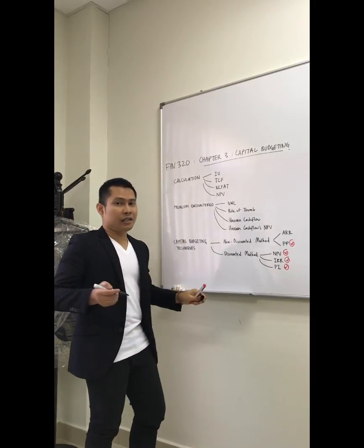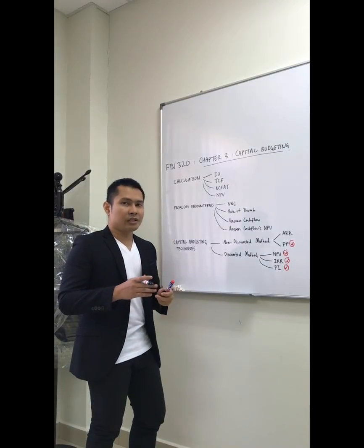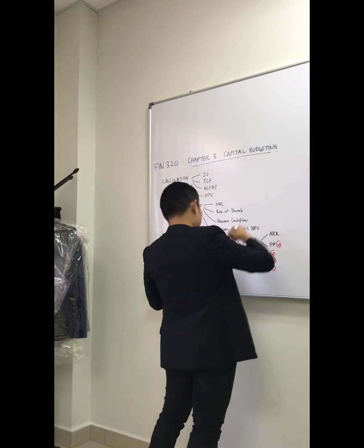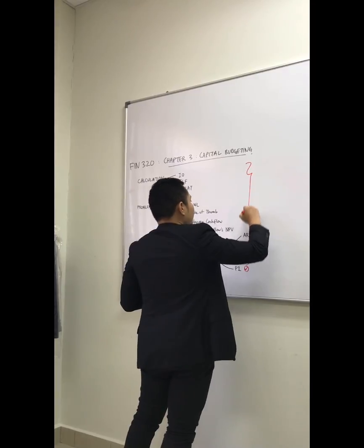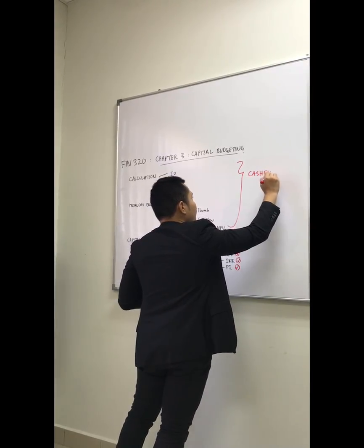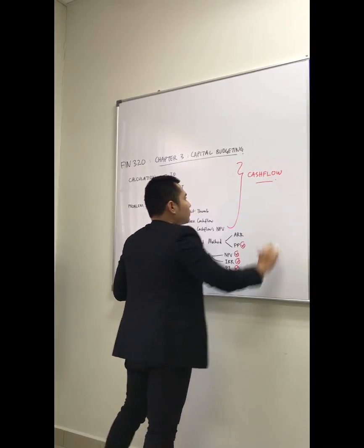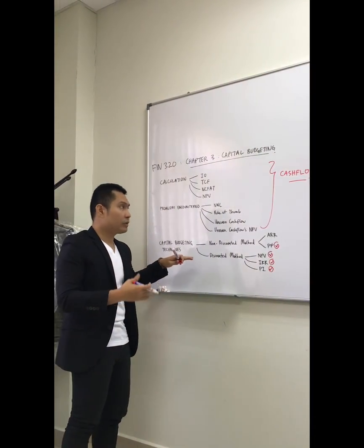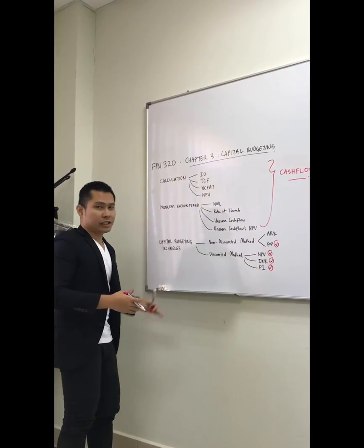Now bear in mind that this chapter is divided into two parts. One, the cash flow part, and another one, the capital budgeting part. The part that I have covered is cash flow. The second part of this chapter is the capital budgeting techniques.